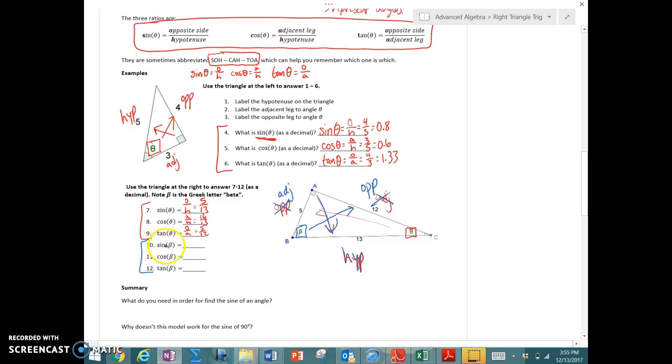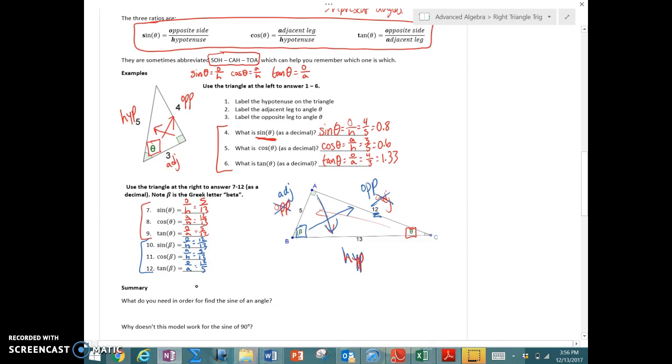So therefore, when I find sine of beta, I still do opposite over hypotenuse. However, now my opposite is 12. So I get 12 over 13. When I find my cosine of beta, I still do adjacent over hypotenuse, but now I get 5 over 13. And finally, when I do tangent, I still do opposite over adjacent, but from my beta, I get 12 over 5.